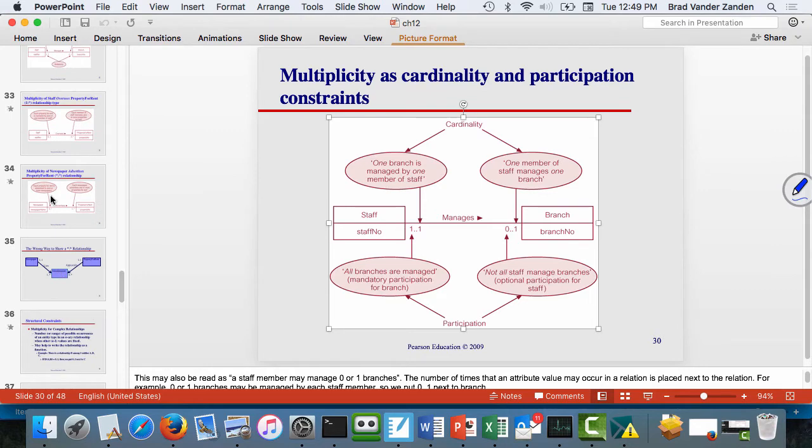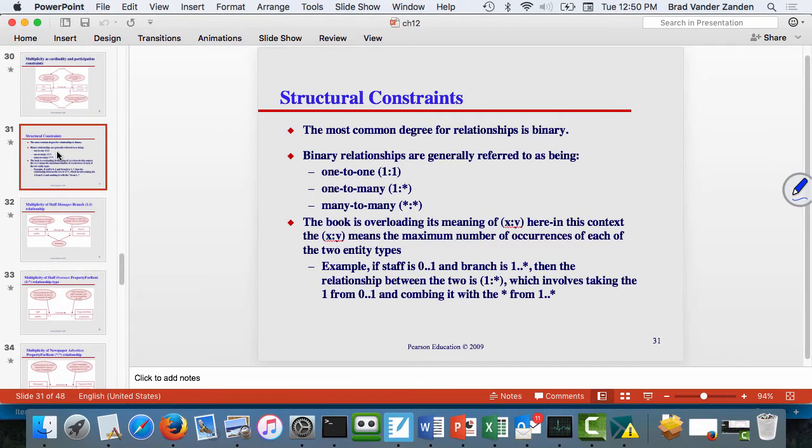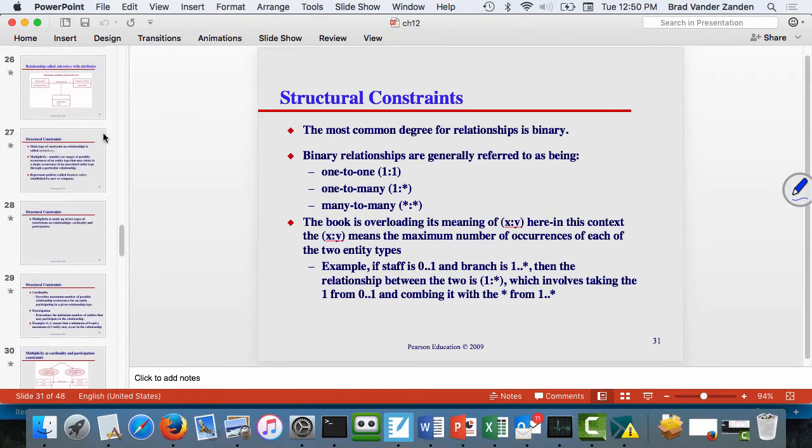And we can also have one-to-many. For example, the branch staff relationship is one-to-many. One branch employs many staff. And you can have many-to-many. The example was a newspaper advertises 1 or more properties.